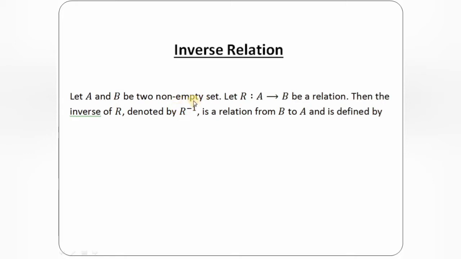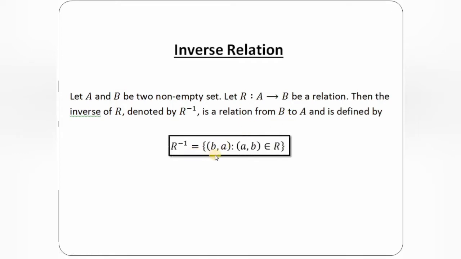So R inverse is a relation from B to A. If R is the relation from A to B, then R inverse is the relation from B to A. And it is defined in this way: if (a, b) is a part of R, then (b, a) is a part of R inverse. That's what we need to remember.